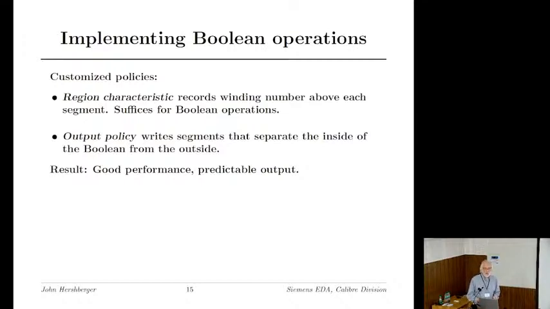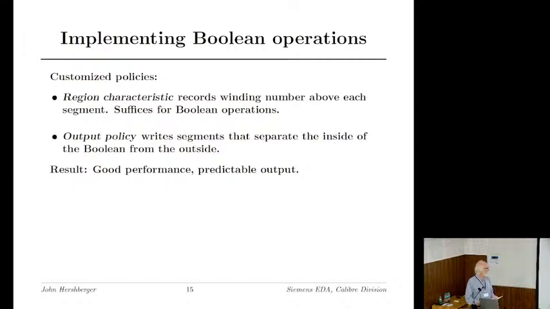In this case, the region characteristic is going to compute the winding number above each edge in the scanline. And it does that essentially by computing a sum from bottom to top with +1 for bottom edges and -1 for top edges, except that it's going to be updated only in the places where the value changes.